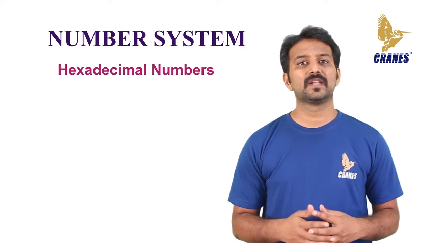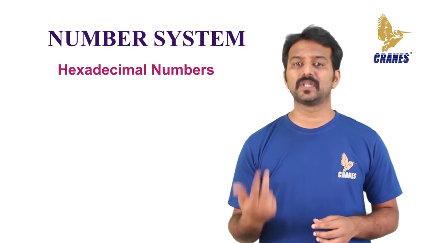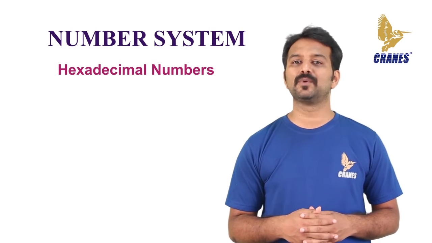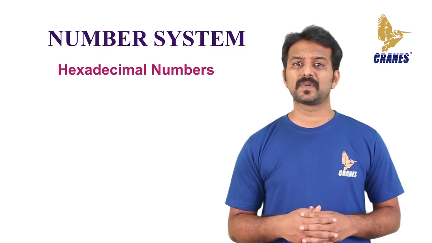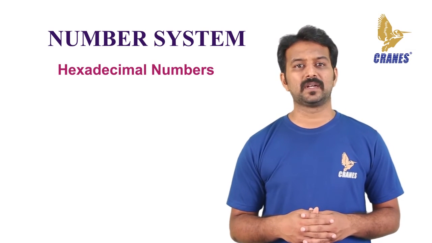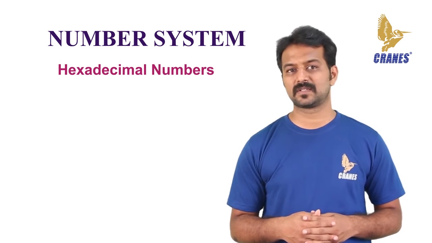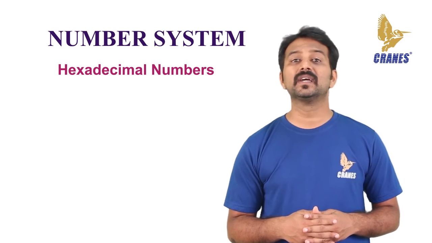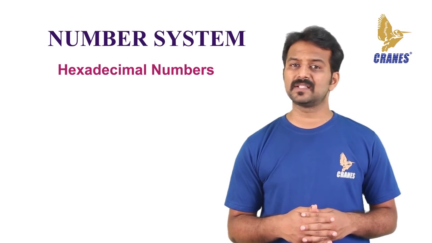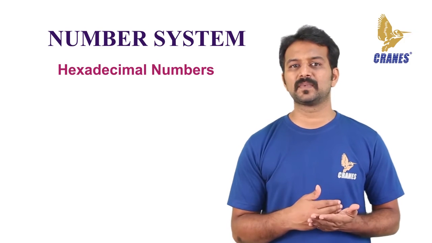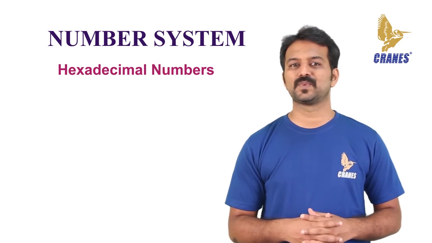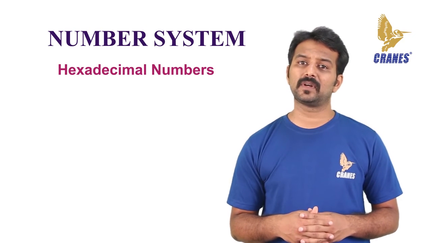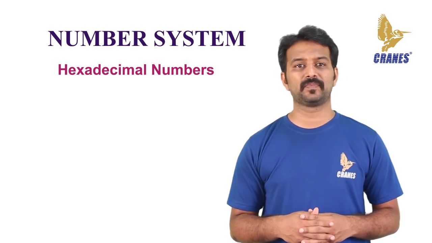For example, it stores 256 numbers in 2 digits, whereas decimal stores 100 numbers in 2 digits. This number system is also used to represent computer memory addresses. It uses only 4 bits to represent any digit in binary and is easy to convert from hexadecimal to binary and vice versa. It is easier to handle input and output in the hexadecimal form.